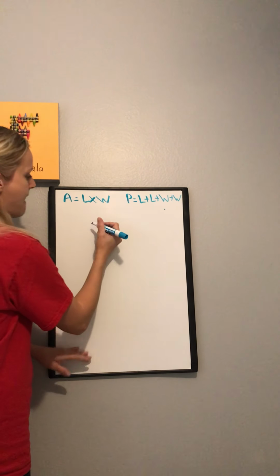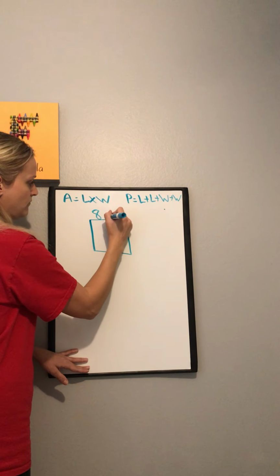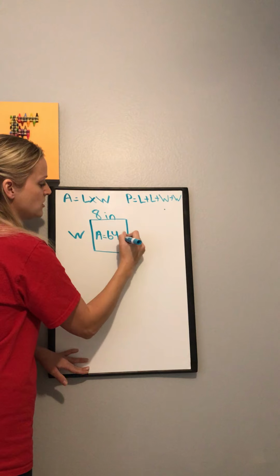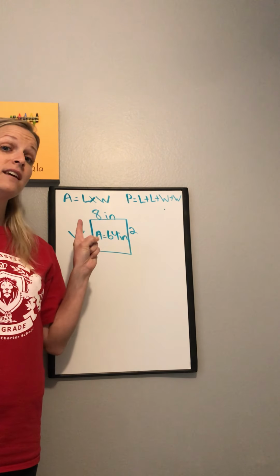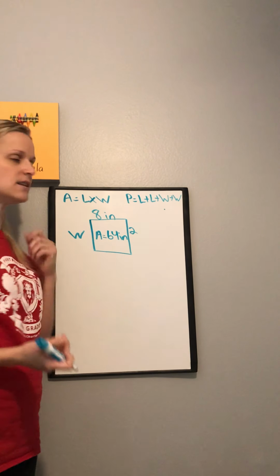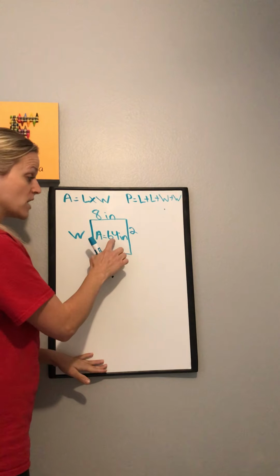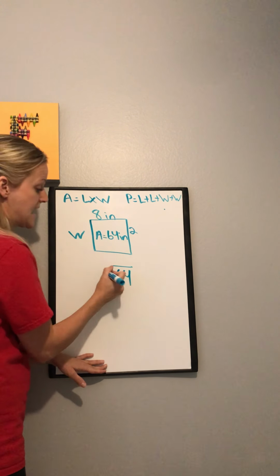What if I have this? I am telling you the area is 64 inches squared. I'm telling you the length is 8 inches. What is the missing side length? I'm going to follow my one step. I'm going to divide the area by the length you are given, 8.